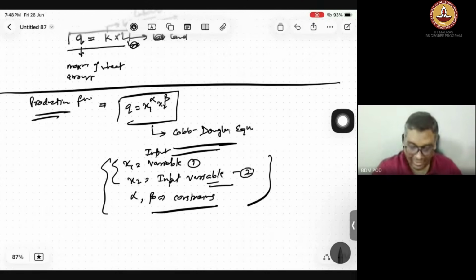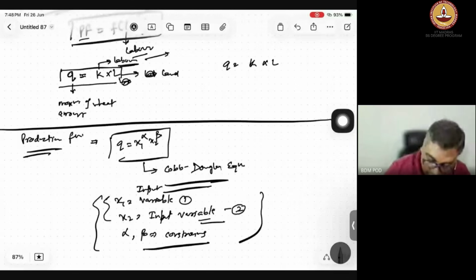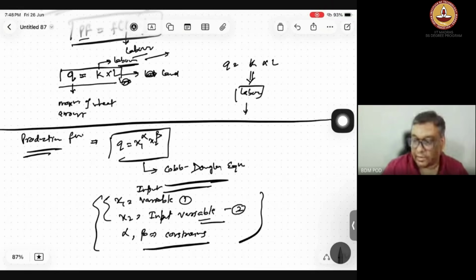Okay, so if you consider here, Q is equal to the maximum quantity, Q is equal to K into L. K is what? K is labor. If we increase the labor, we are going to increase the quantity of wheat.